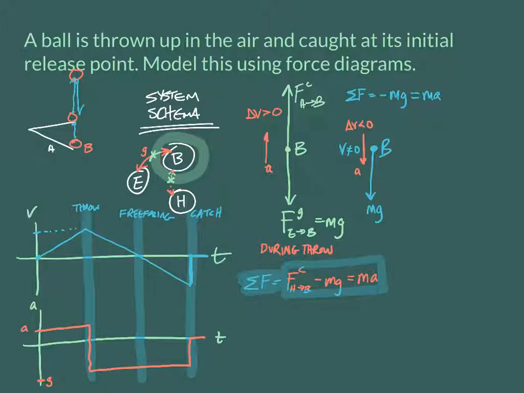We're ignoring the reality of air friction for simplicity, just gravity acting on it during the free fall. So that means negative mg equals ma, and I think it's not hard to see that a is going to be equal to minus g.